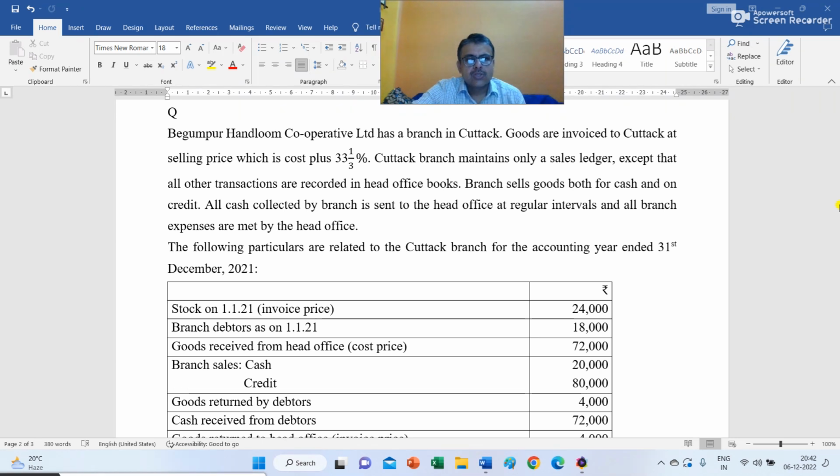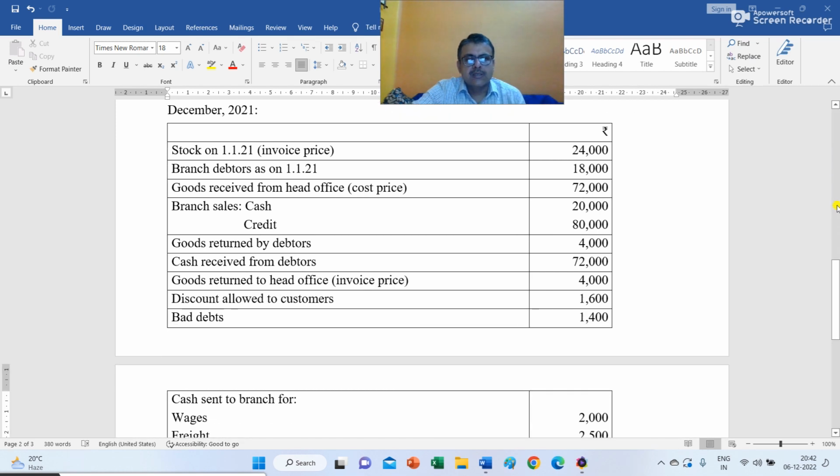2021. Stock on 1st January 21 at invoice price 24,000. Branch debtors as on 1st January 21, 18,000. Goods received from head office at cost price 72,000. Branch sells for cash 20,000 and for credit 80,000. Goods returned by debtors 4,000. Cash received from debtors 72,000.